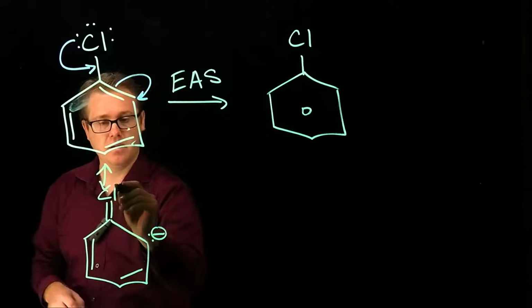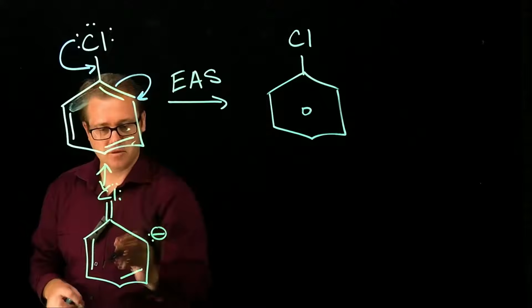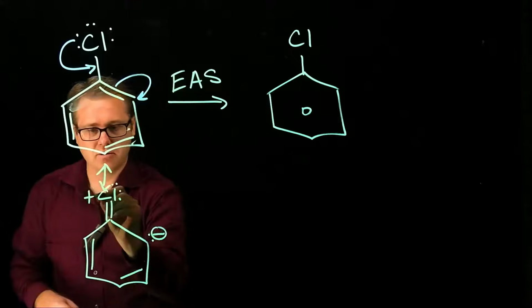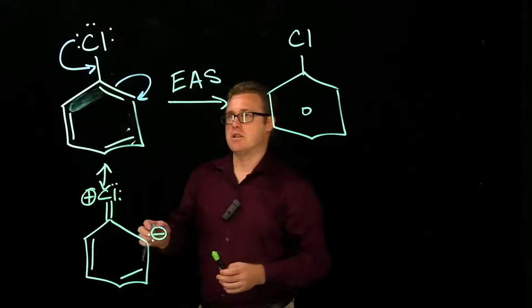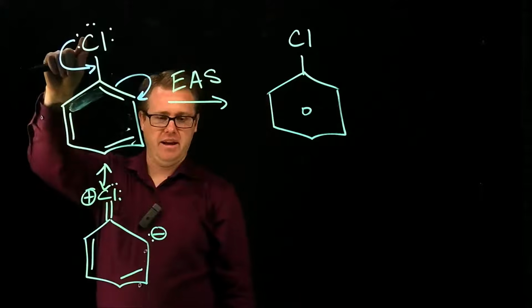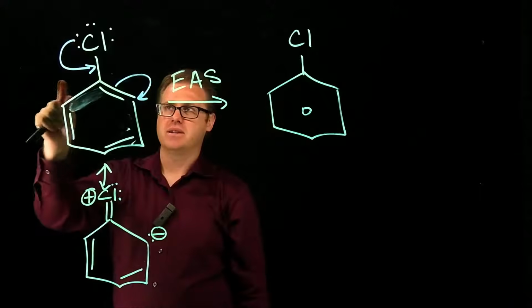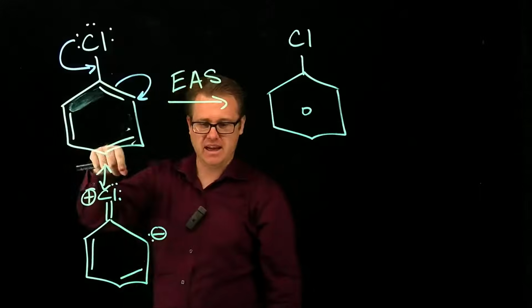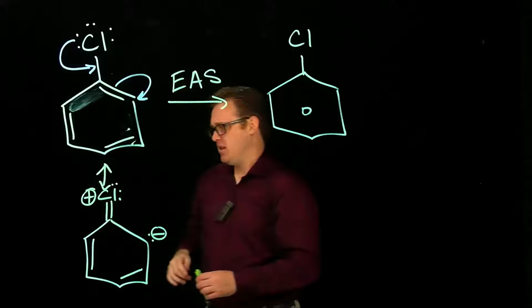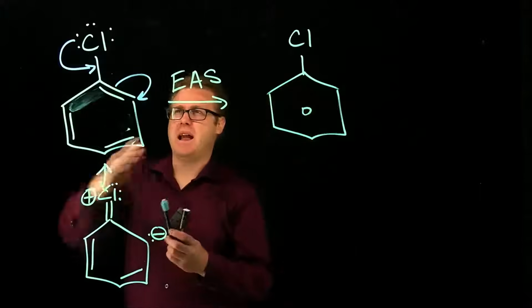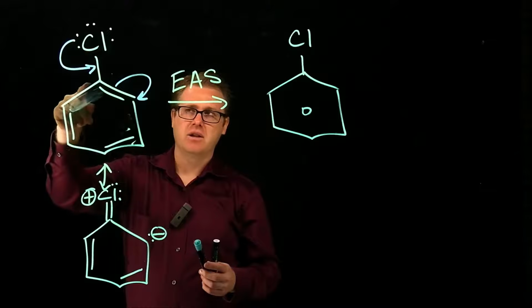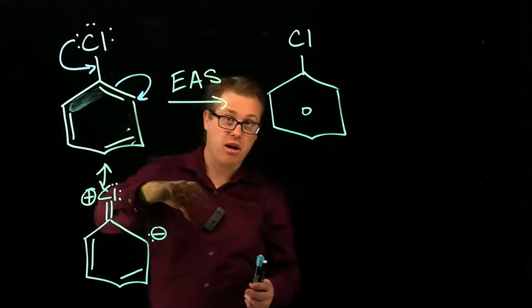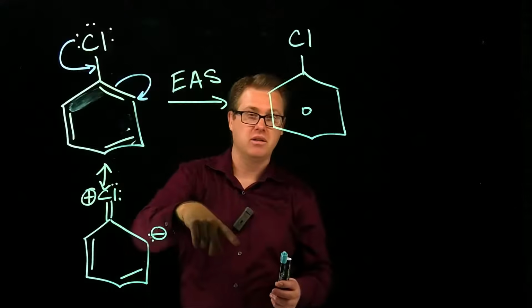There's a chlorine, and then the two lone pairs. Then that chlorine is going to be positively charged. Now it's looking like the chlorine is an activator because it's putting electron density into the ring. So we would assume now that chlorine is an activator, so we think it's going to be an ortho-para director.